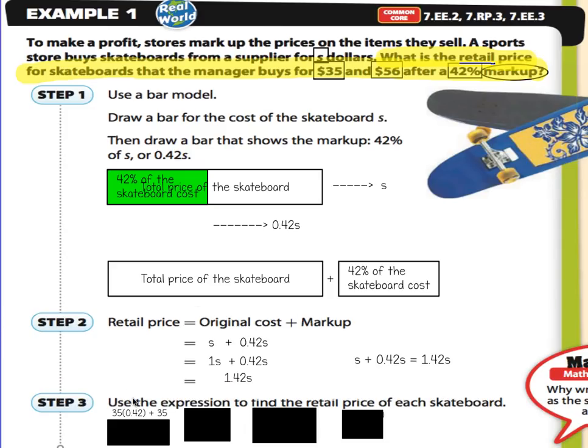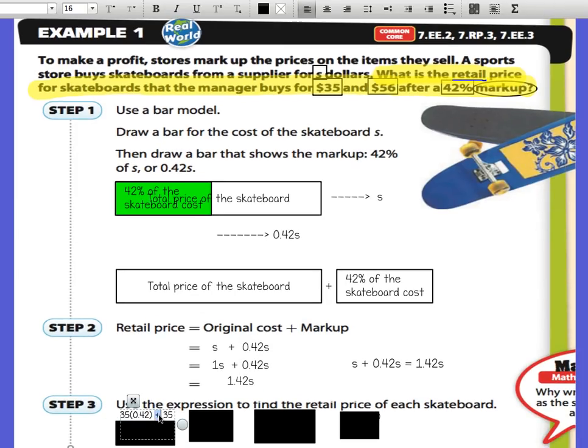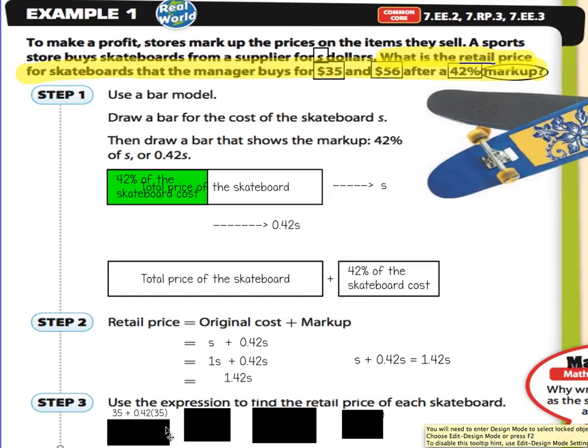Actually, let me rewrite that so it follows the flow a little better. So we said 35 is the price of the skateboard plus the 42% times the $35. Okay, that follows the flow better.